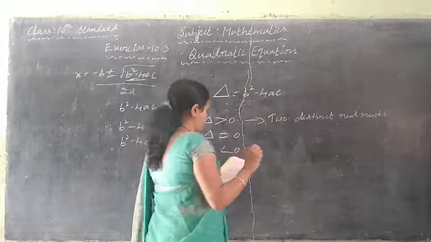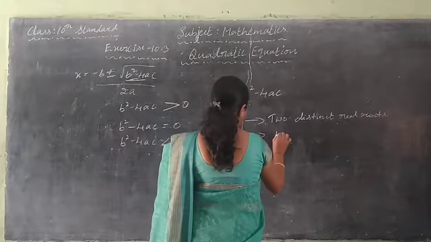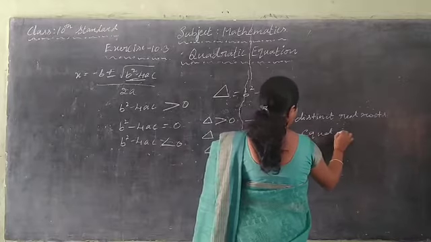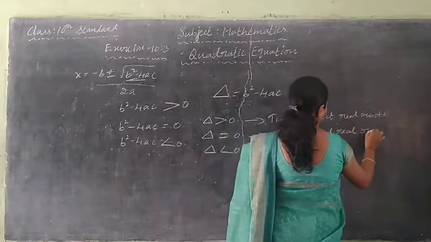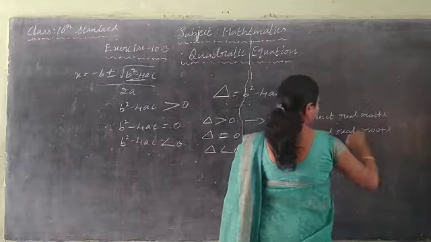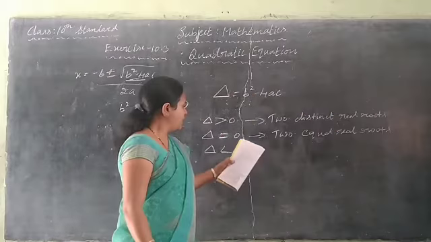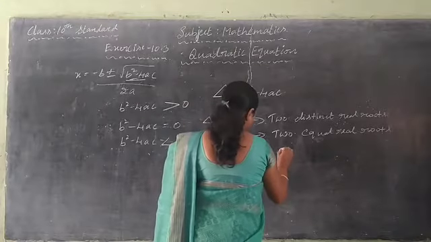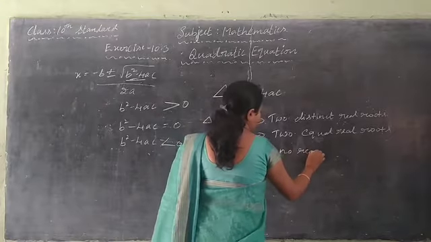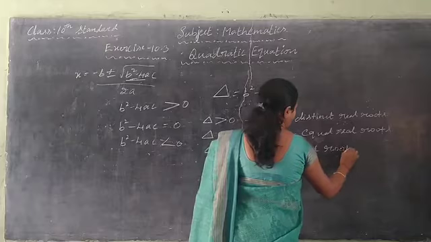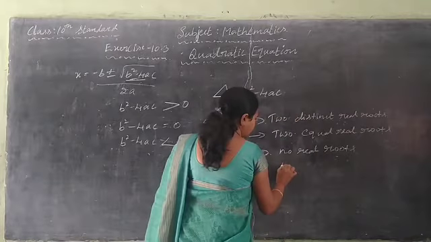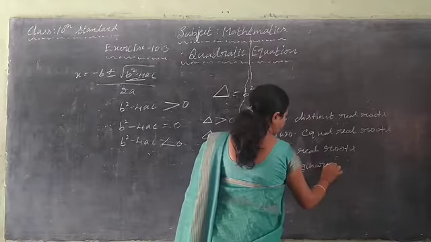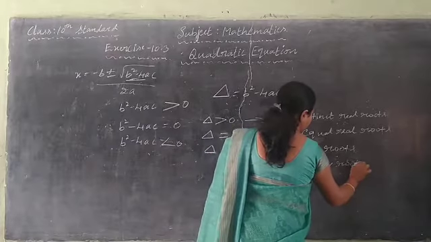If they are equal, then we call that, children, two equal real roots. Understood? If delta is less than 0, then we call it, children, no real roots, or we can call it imaginary roots.